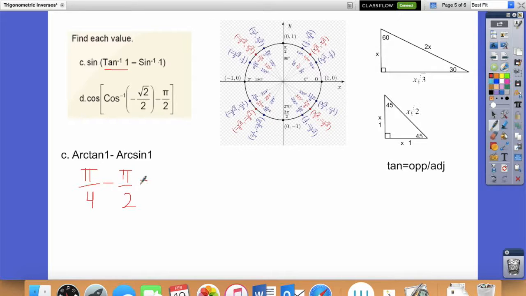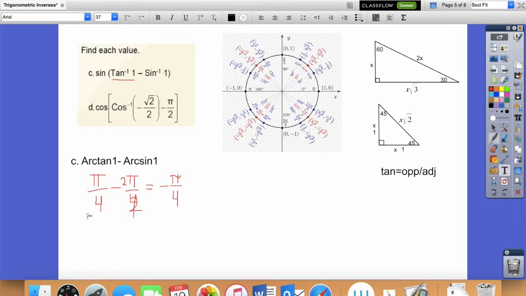So now we can go ahead and simplify this. I'm going to change this to 2 pi over 4 so that we have common denominators. And when I subtract, I get negative pi over 4.